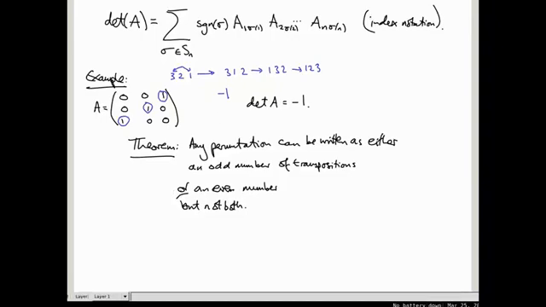In other words, the signs that we're assigning to these terms are well defined.